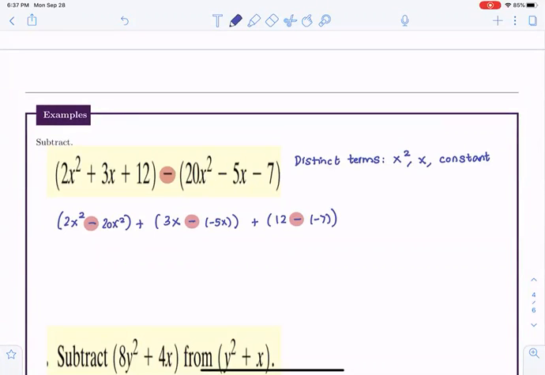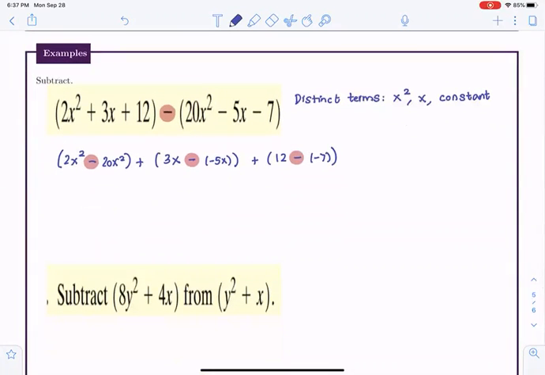Parentheses, brackets, they're quite important. Once you familiarize yourself with the process, you don't have to worry about the parentheses, but until you become an expert, it is best that you use parentheses.